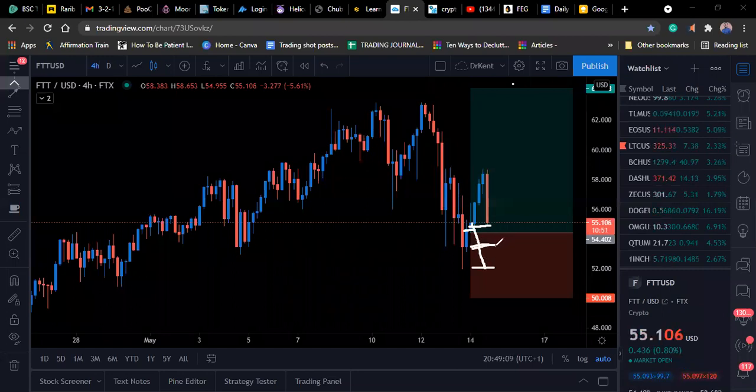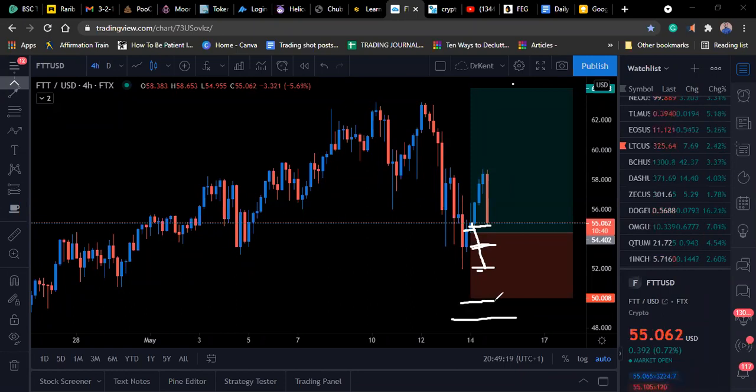Then I will take an average, then put my stop loss somewhere here or somewhere here, depending on your calculation. So if price is coming against you, you keep buying so long as it's still within the buy zone. Or you might not buy, but you wait for it to come down, then it gives you a bullish confirmation, then you buy.